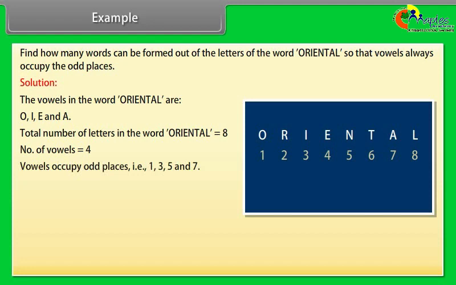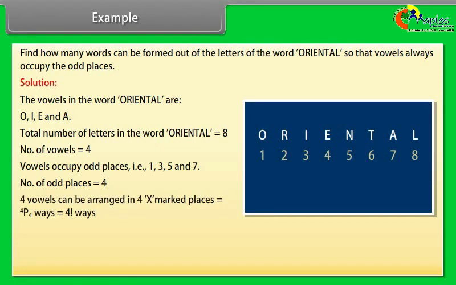Vowels occupy odd places, that is 1, 3, 5 and 7. Number of odd places is equal to 4. 4 vowels can be arranged in 4 X-marked places in 4P4 ways, which is 4 factorial ways.